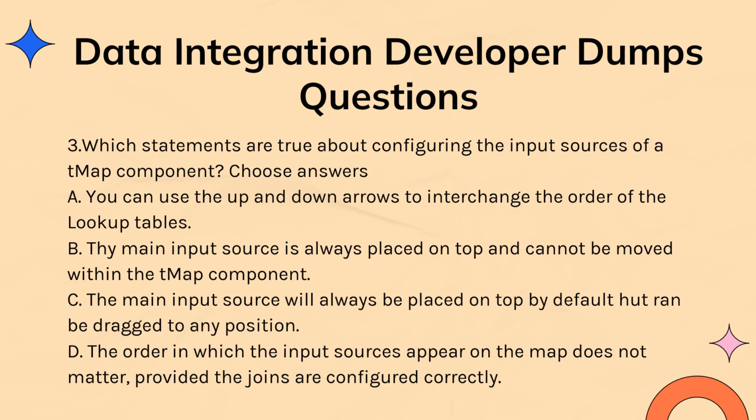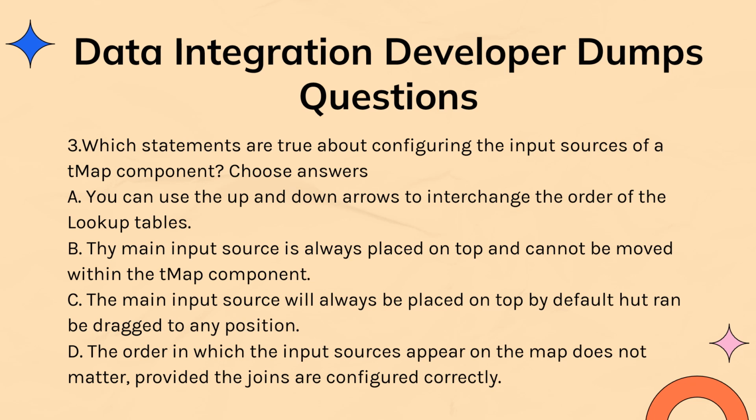3. Which statements are true about configuring the input sources of a tMap component? Choose answers. A. You can use the up and down arrows to interchange the order of the lookup tables. B. The main input source is always placed on top and cannot be moved within the tMap component.